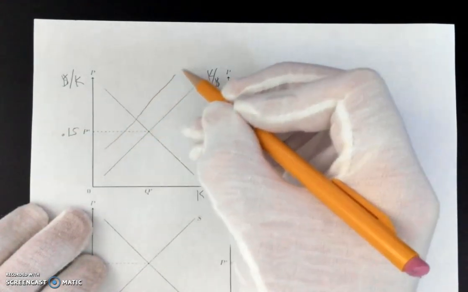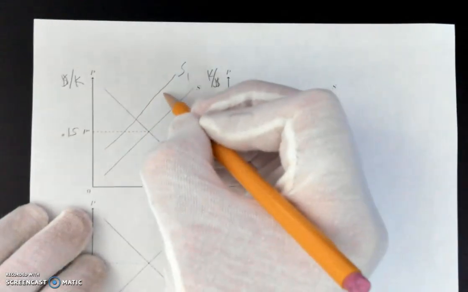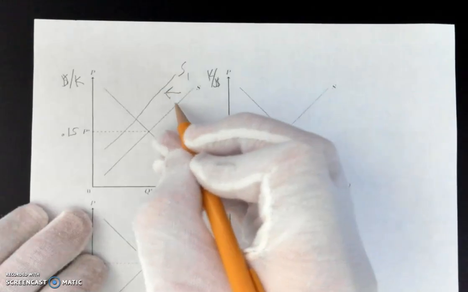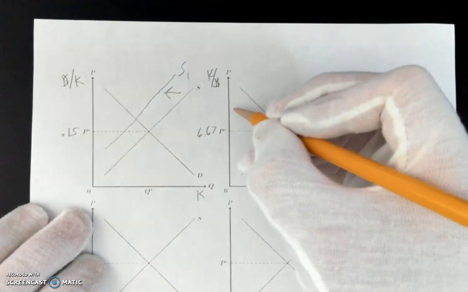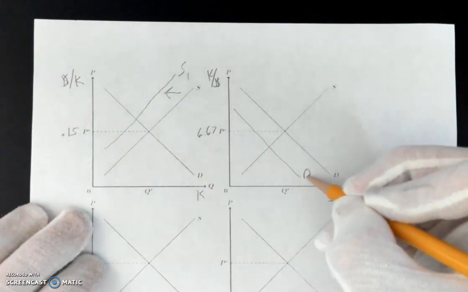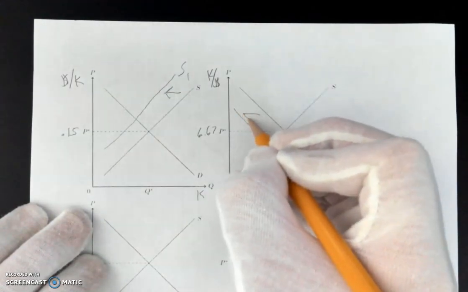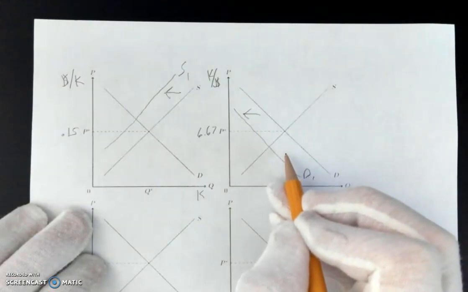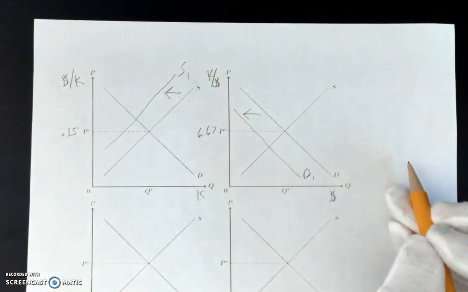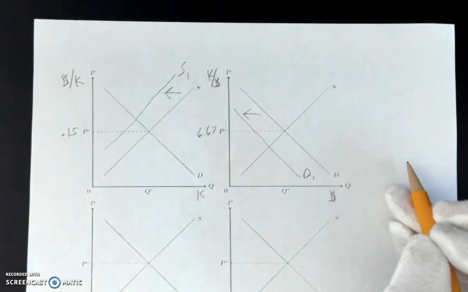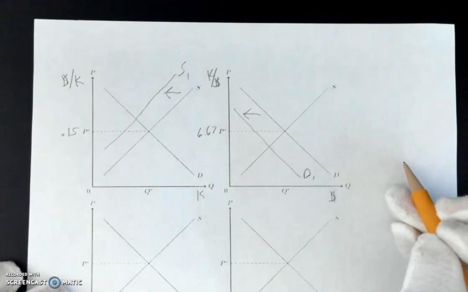Whatever supply they're already doing, they're going to decrease it. Why would they decrease their supply of krones? Because they're going to decrease their demand for dollars. The demand curve is going to shift to the left. Why would they decrease the demand for dollars? Because they want to invest less in U.S. stocks because of high tax rates and higher regulations on the underlying companies.